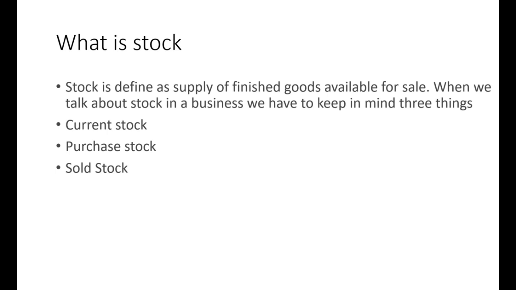The goods which he purchases from his suppliers are considered as purchase stock. And the businessman, because he is running a business, sells the goods to his customers, and that type of stock which is sold is known as sold stock.